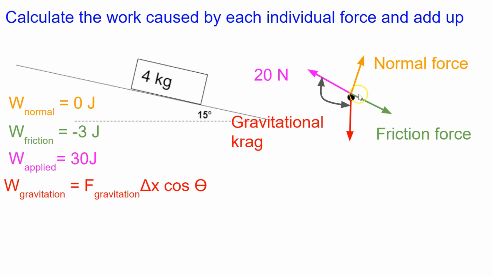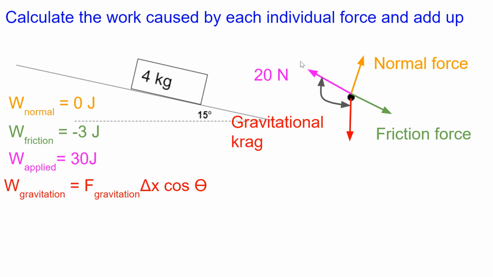Now the direction in which this object is moving is exactly the same as this applied force. Therefore I indicated this angle over here. I need the size of this angle over here. Okay, it's not that I need the angle between these two forces. No. I need the angle between this force and the direction in which this object is traveling, but the direction in which the object is traveling happens to be the same as the direction of this force.